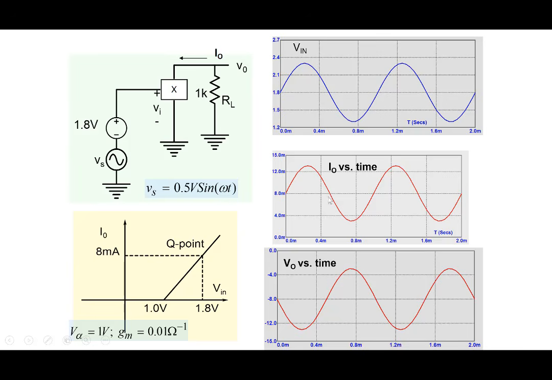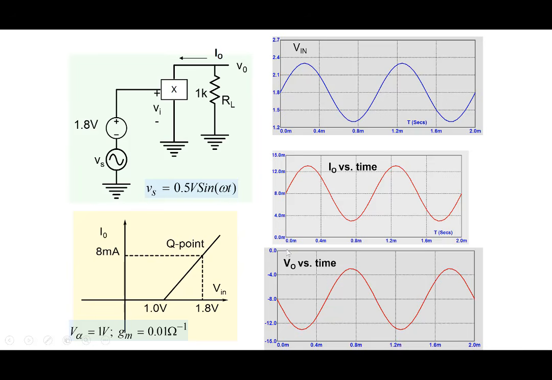Note that the DC value is 8 milliamperes. And this 8 milliamperes of current will flow in the output part here, and of course generate 8 volt here, since 8 milliamperes of current is flowing through 1K, and therefore there is a power dissipation in this load. And this power dissipation is useless because our interest is in the sinusoidal signal here, and in the power associated with the sinusoidal signal.